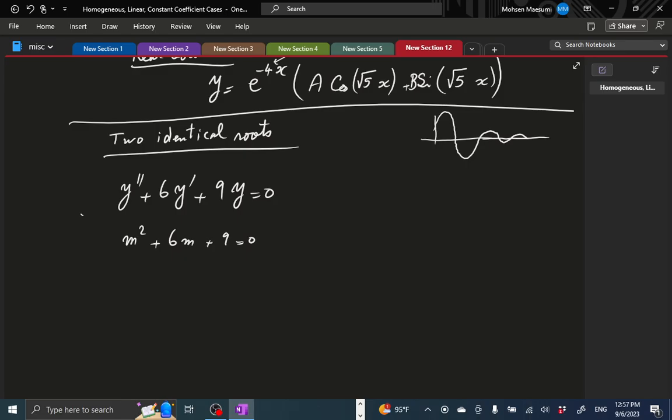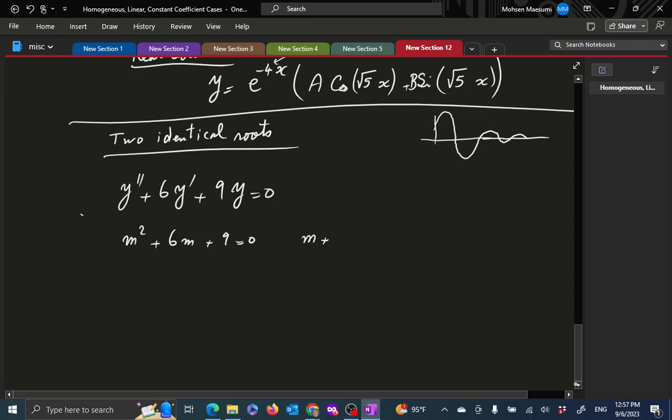We try to factor it, or whatever you do, you have one solution minus 3, and the second solution is also minus 3. That's the headache. These are identical. You say, why a headache? What is the big deal about having identical roots?